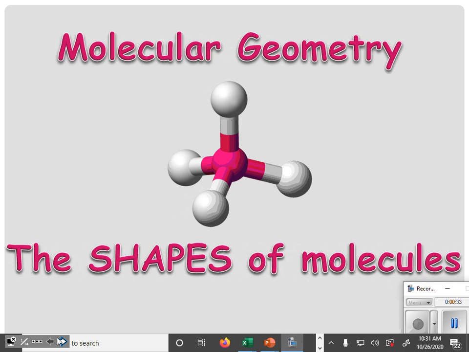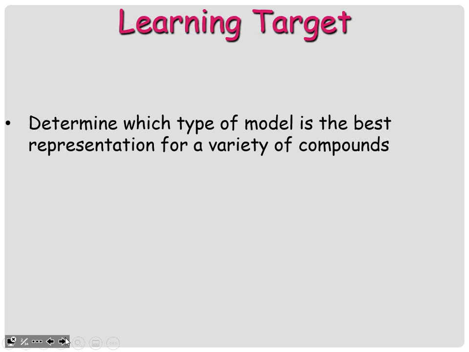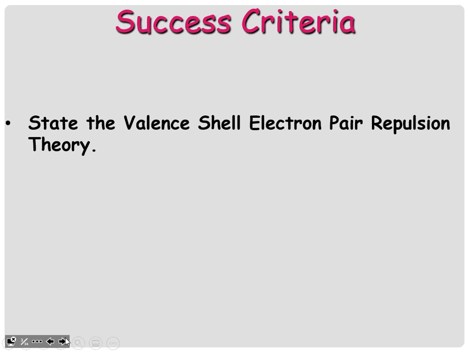All right. The molecular geometry, our learning target is to determine which type of model is the best representation for a variety of compounds. And how are we going to do that? Well, we are going to state the valence shell electron pair repulsion theory.